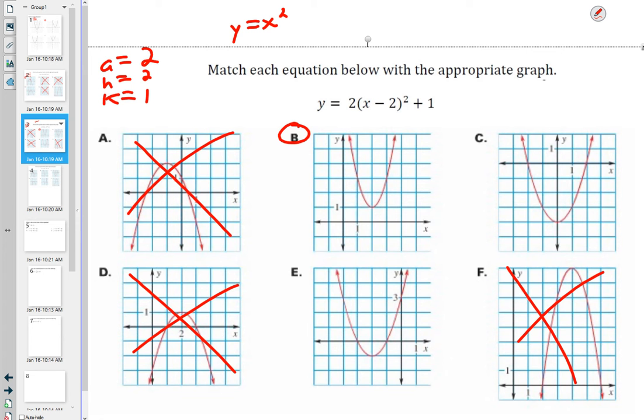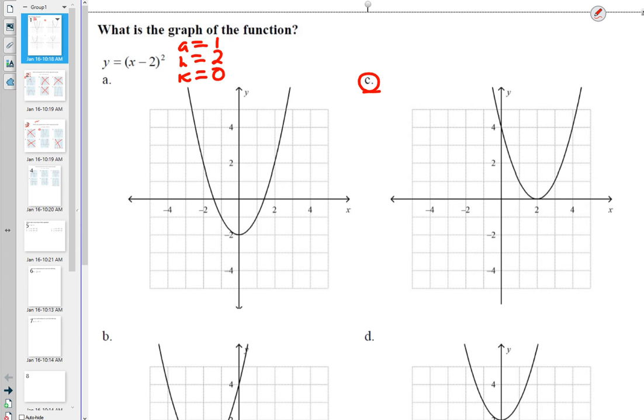Let's see. This first one, 47% of you got it right, so slightly less than half. 15 of you tested, so 47% means 7 of you got it right. 8 of you missed it.